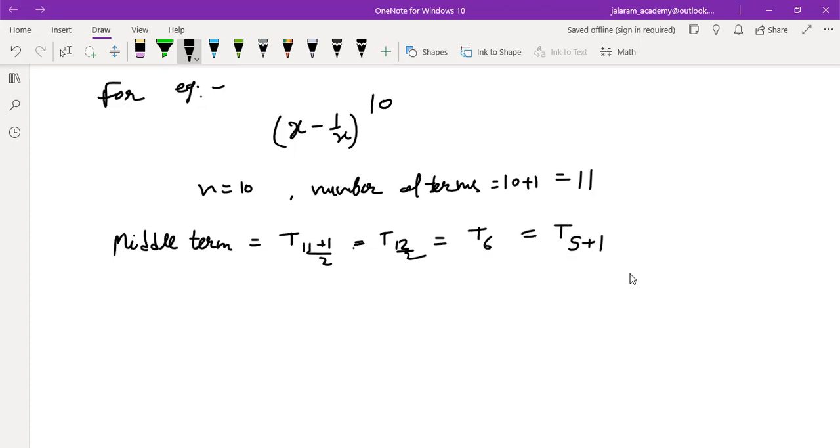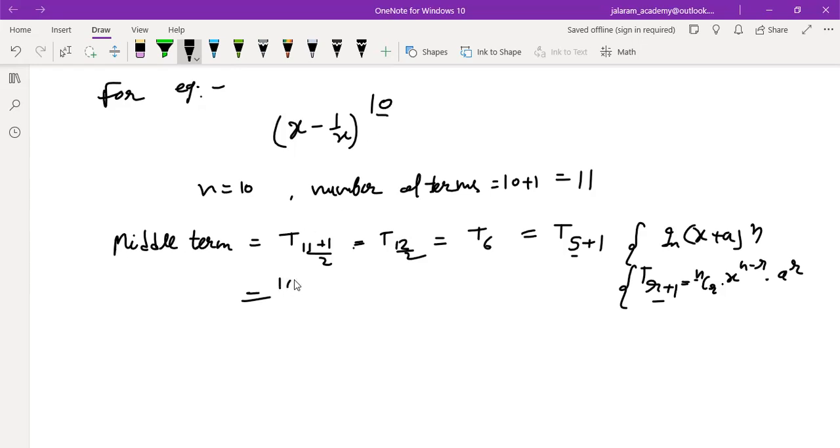By writing t(r+1) and comparing it with t(r+1) equals nCr x to the power n minus r into a to the power r in the expansion of (x + a) whole to the power n. So in place of r, it is 5, and in place of n, it is 10.